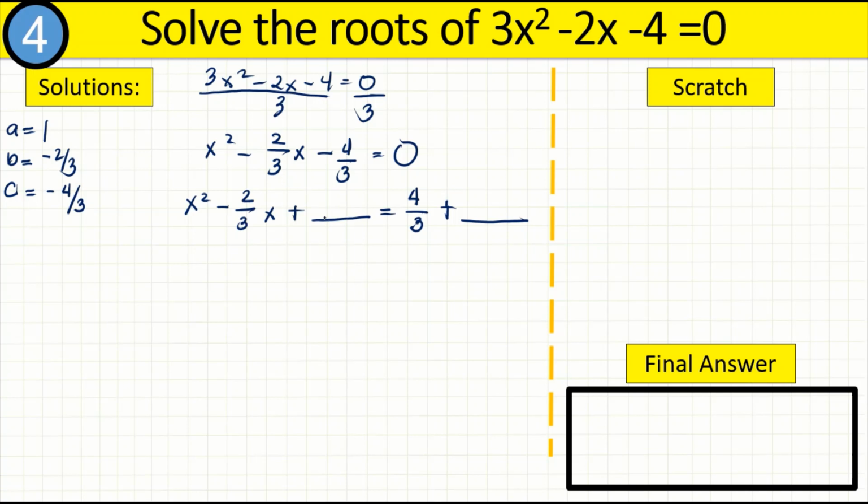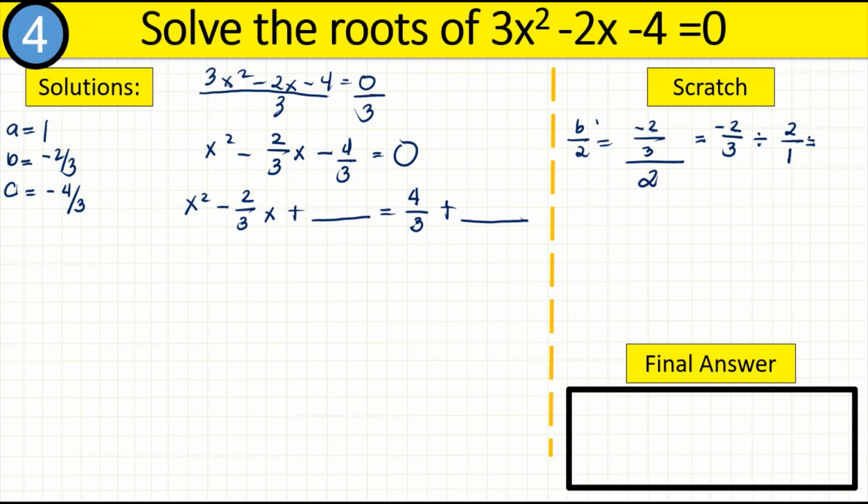So, ano yung gagawin natin para doon sa blank na ito? Kukunin natin yung b over 2 squared. So, we have b over 2 is equal to negative 2 over 3 over 2. So, pwede siyang isulat as negative 2 over 3 para hindi kayo mahirapan, divided by 2 over 1. And kapag nagkaroon tayo ng complex fractions, katulad nito, i-reciprocate natin yung second number, wherein yung numerator magiging denominator and yung denominator magiging numerator.